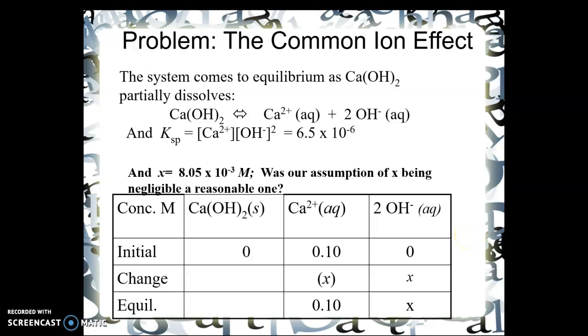This is what common ion effects do. They will reduce the solubility compared to that in pure water. Now, the general rule is that X is negligible if it's less than 5% of the equilibrium value of what you're solving for, and it is.